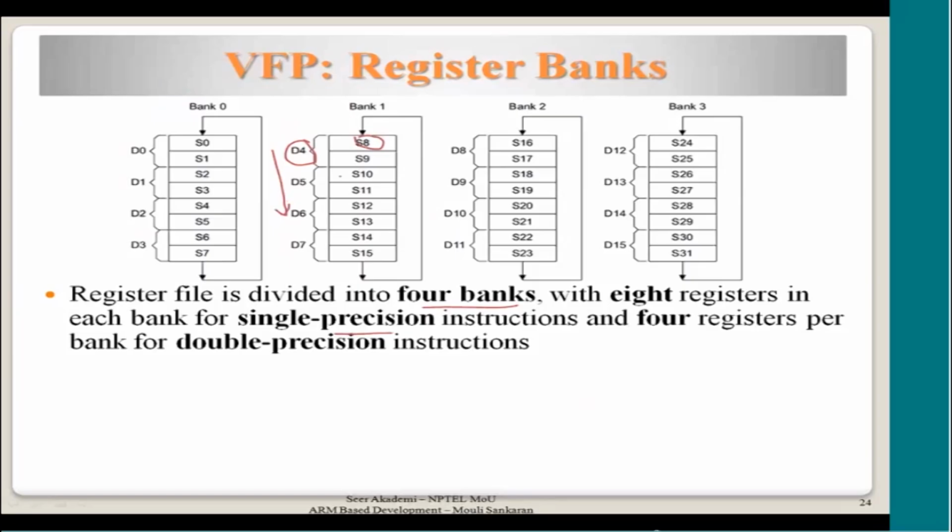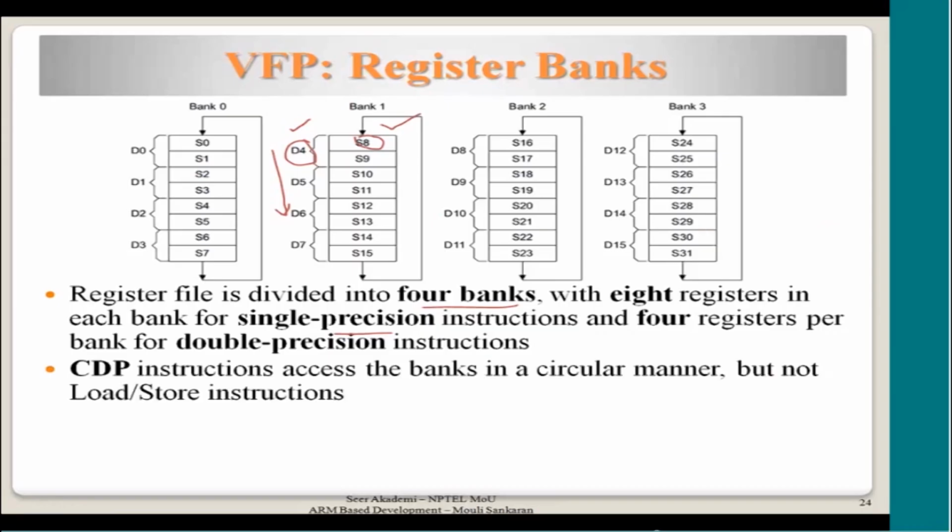The vector length can be a maximum of 8 in a single precision operation, but it could be less, no issues. Maximum it could be 8, because you cannot have more than 8 vector elements at a time. Otherwise you have to copy from memory and then perform it. I will show you an example of that kind of operation at the end of the class.